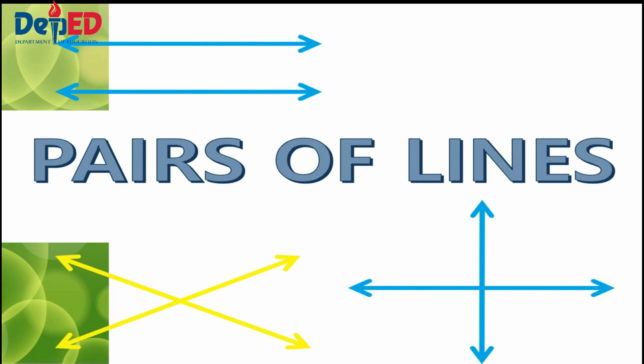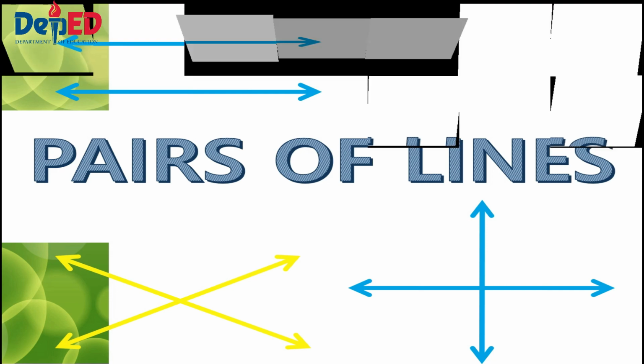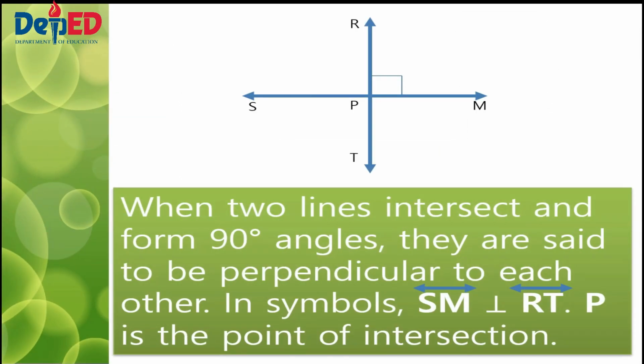Next, we have pairs of lines. When two lines intersect and form 90 degrees angles, they are said to be perpendicular to each other.